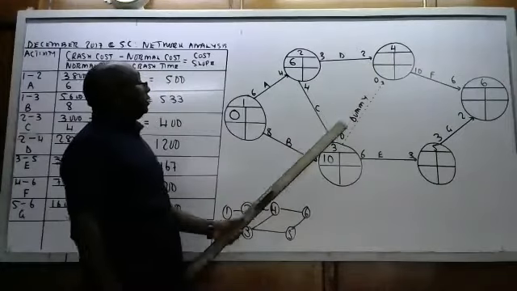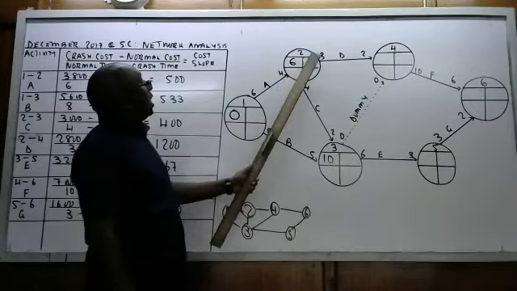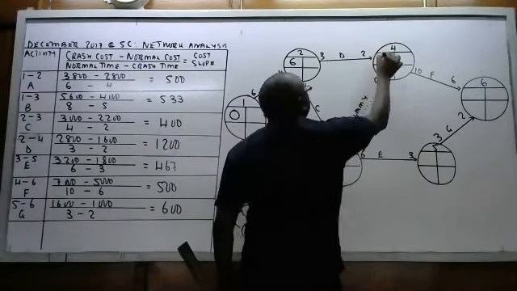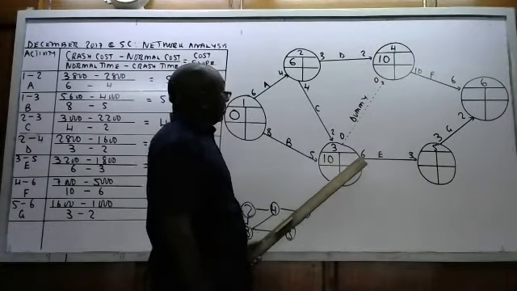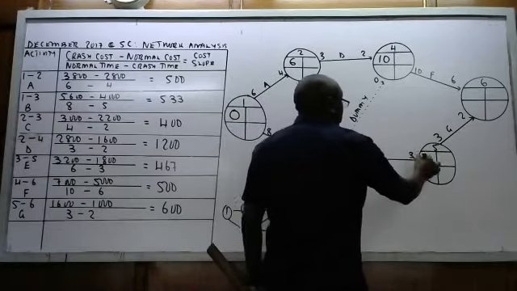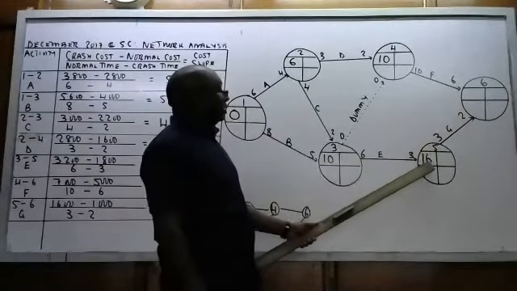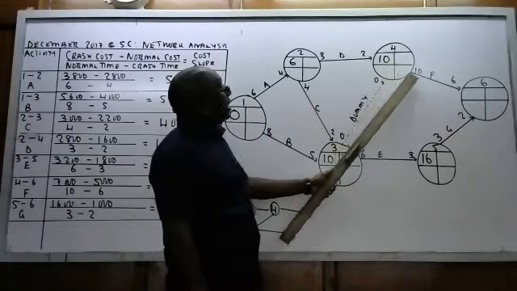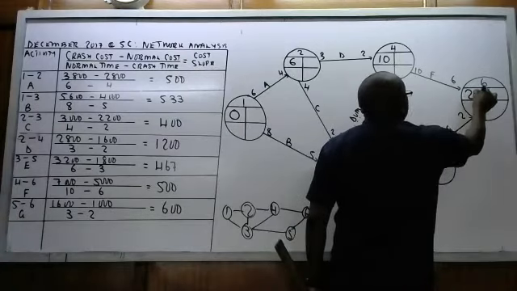When we get here, 2 arrows, so 10 plus 0, 10, and 6 plus 3, 9. So we go for 10. Then to put the upper, 10 plus 6, that is 16. This is 1 arrow. When we get here, 16 plus 3, 19, and 10 plus 10, 20. So we go for 20. So you put 20 there.